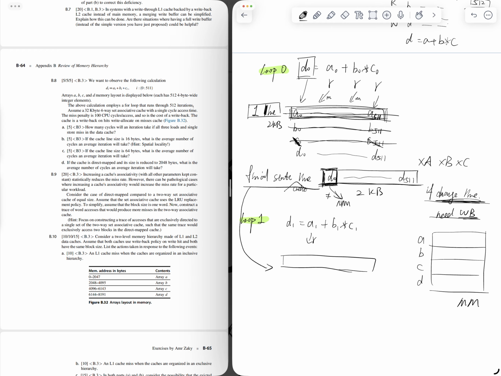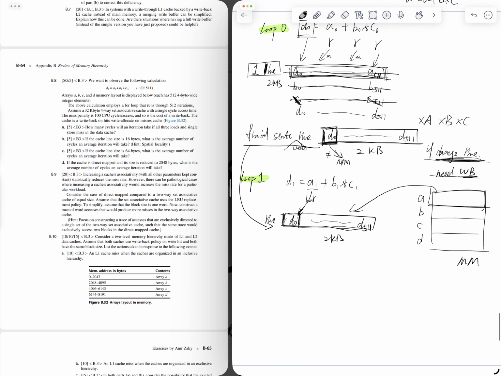The only thing we have in the line is D0, remember, already modified, up to D511. So when we want to get A1, we do not have it, so we want to replace the D data with the A data, and since it's 2 KB, we will replace the whole array in our cache line.